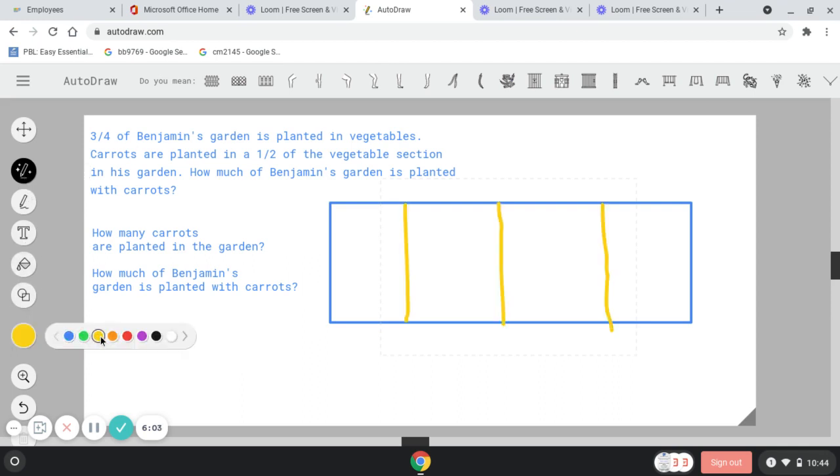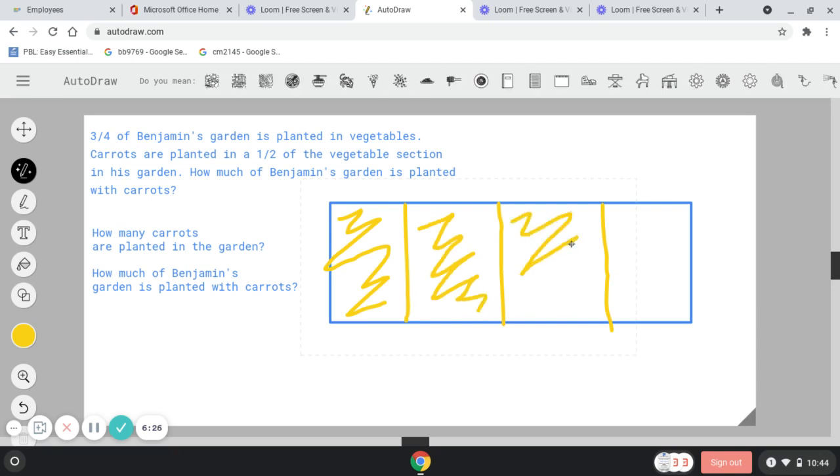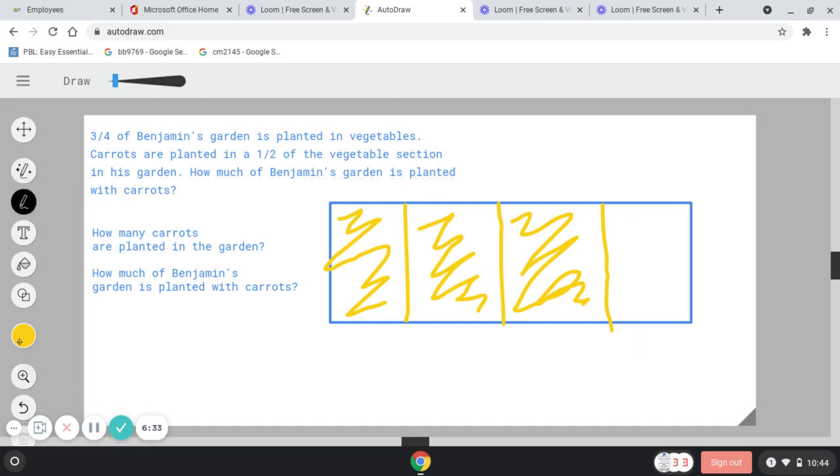I'm just going to make a quick shading in just so that we can see which parts are being represented. So that's 1/4, 2/4, 3/4. And I actually want to label each part just so that we know that it is fourths.